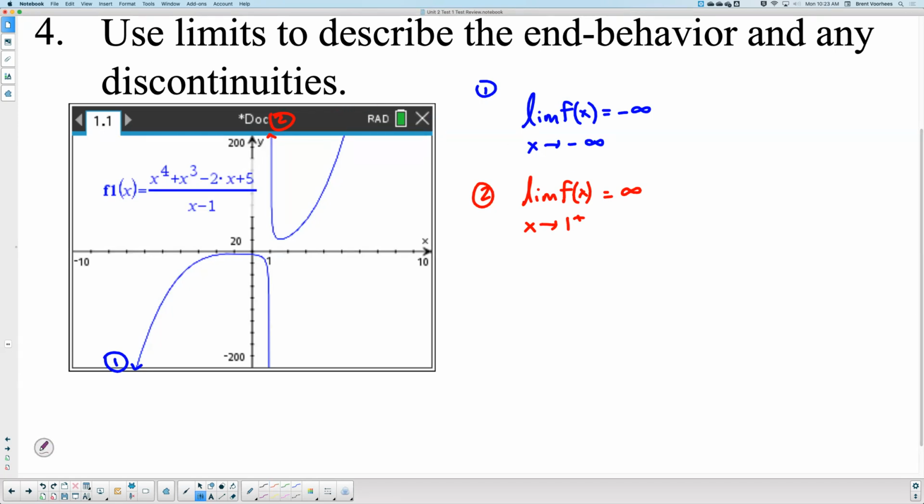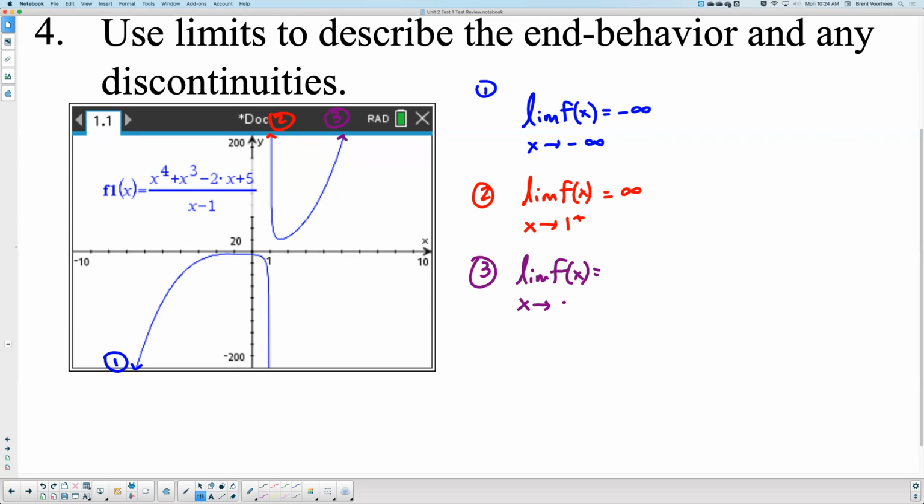We'll do this as limit 3. Limit of f of x as x approaches some value. Okay, what's happening to my x's here? Are they increasing without bound? Are they decreasing without bound? Or are they approaching some constant value? They're increasing without bound.